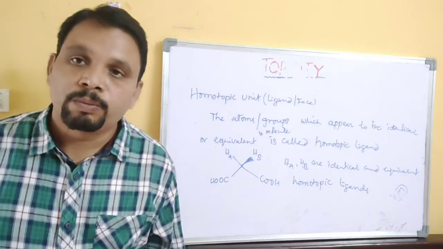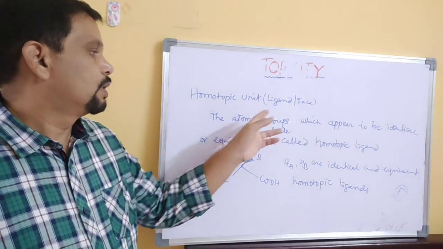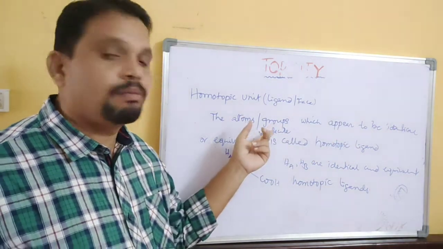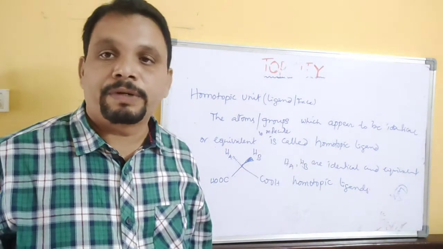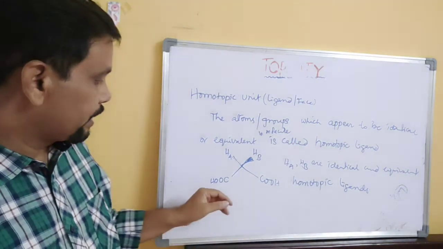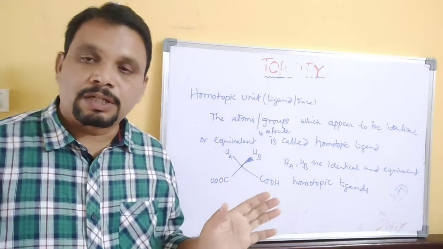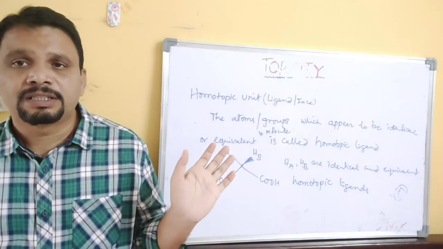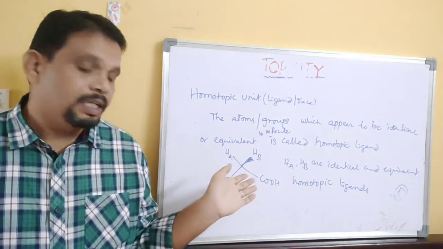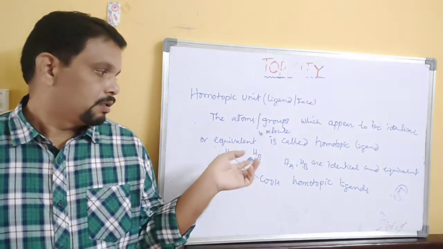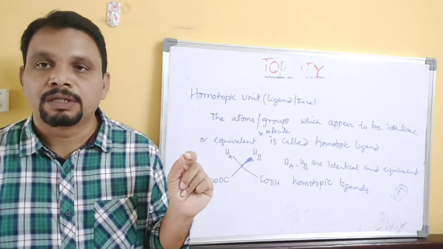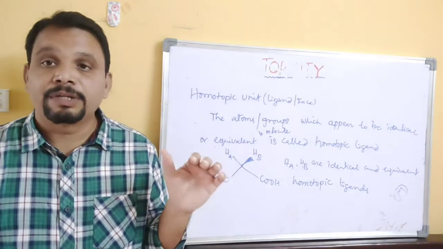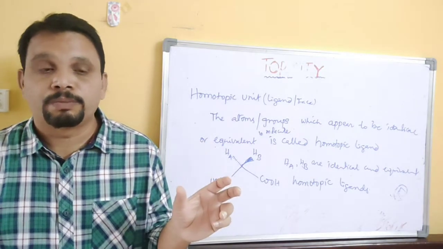Homotopic means the atoms or groups which appear to be identical or equivalent in a molecule are called homotopic ligands. So I gave you two examples. One is the alkene, dichloroethylene, in which the two hydrogens, HA and HB, are identical and equivalent, therefore they can be considered as homotopic ligands.